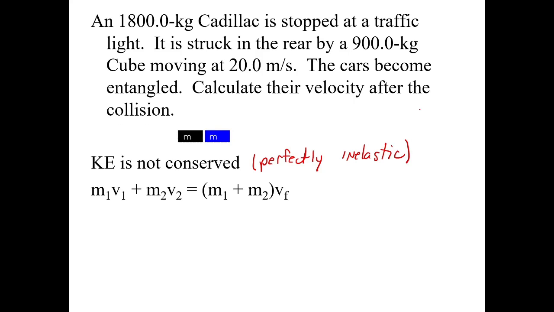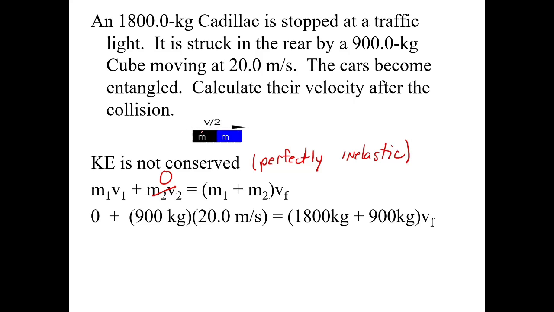So this formula is actually pretty easy. And in fact, since the Cadillac is stuck at the light, it'll be 0. Oh, I call the Cadillac M1. That's fine. Call that M1 and get rid of that there.